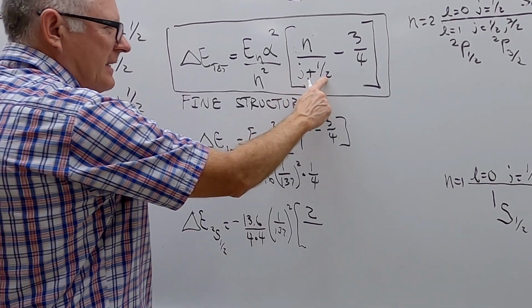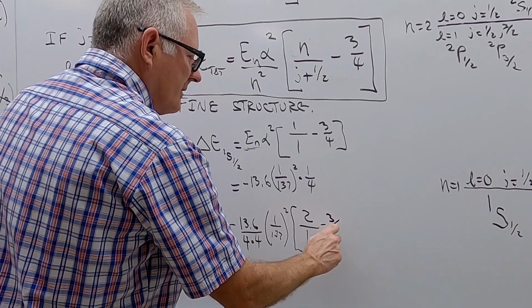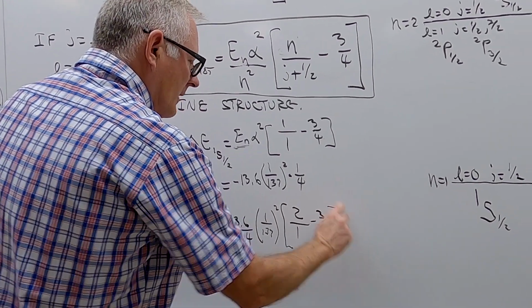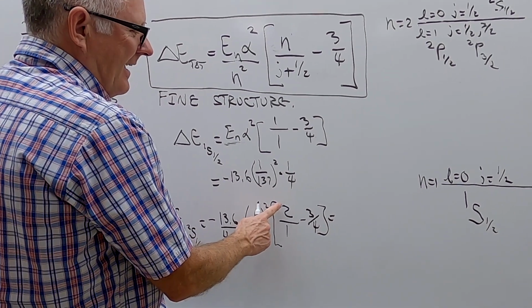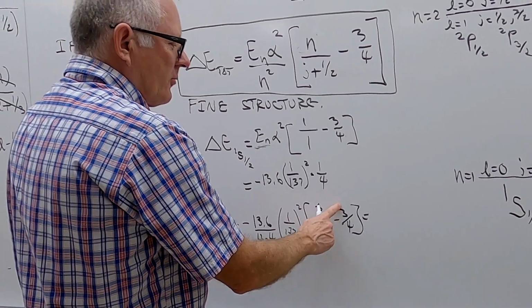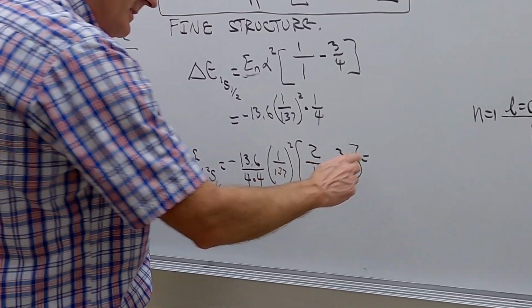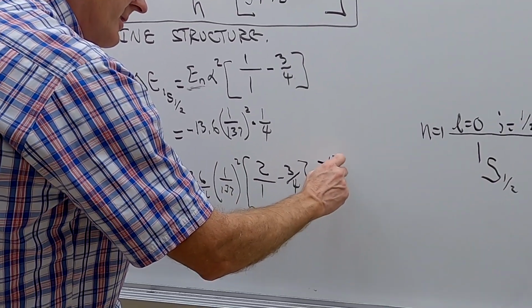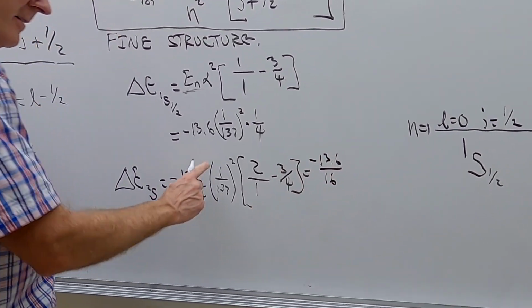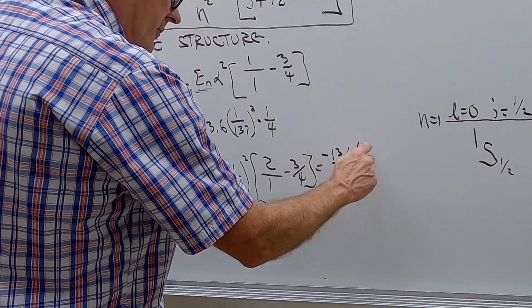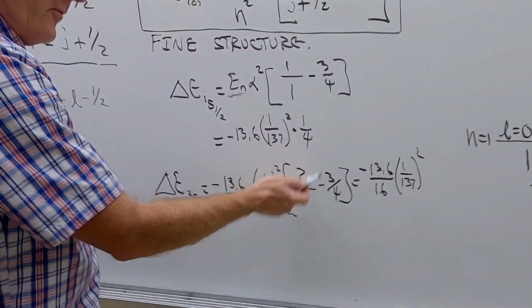So a half plus a half is 1, so it's 2 over 1 minus 3/4. 8/4 minus 3/4 is 5/4. So this is minus 13.6 over 16 times that alpha squared, 1 over 137 squared times 5/4.